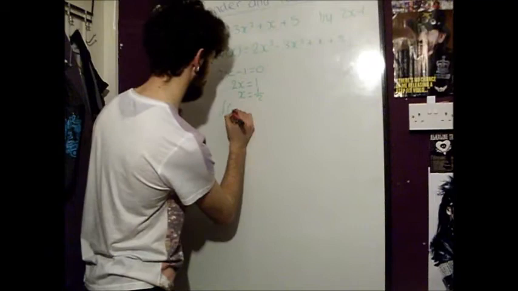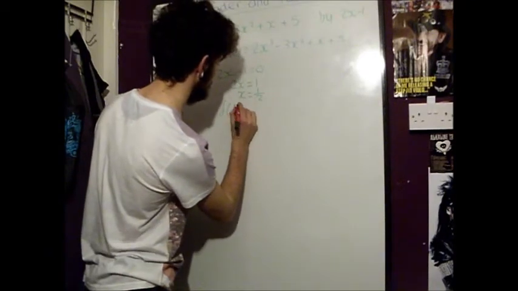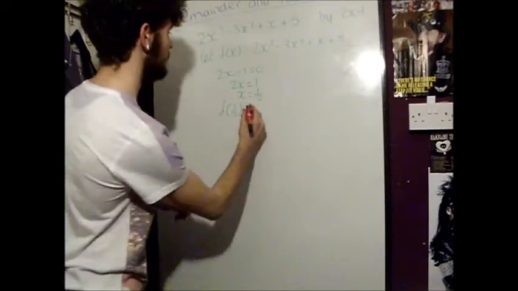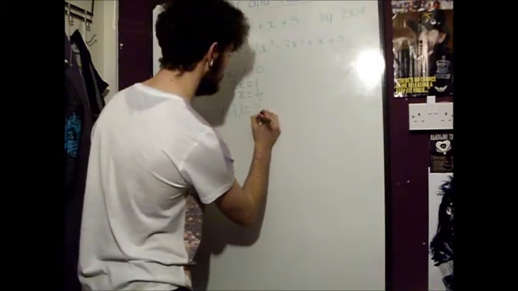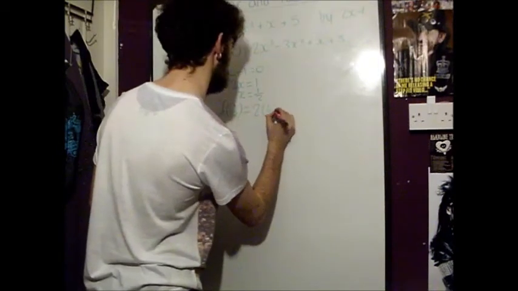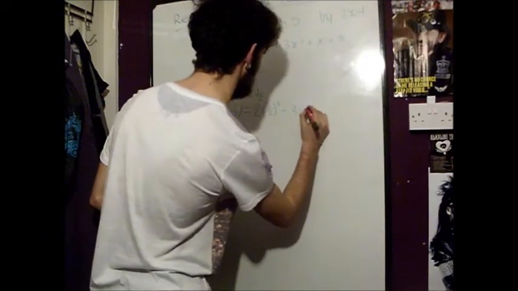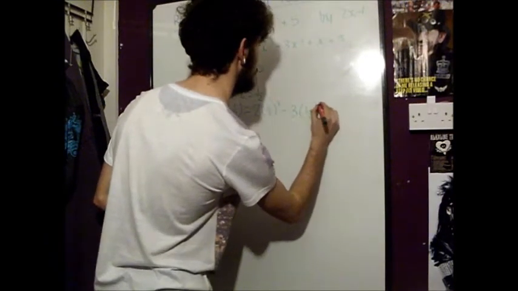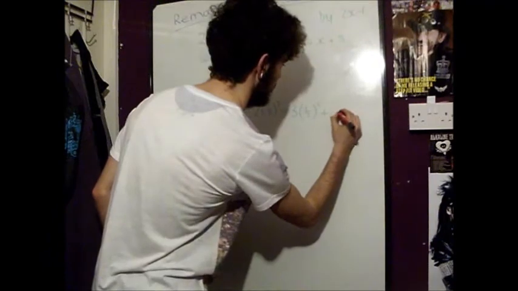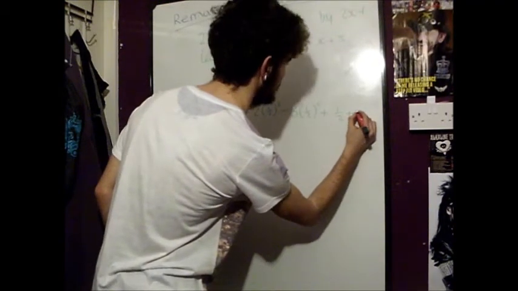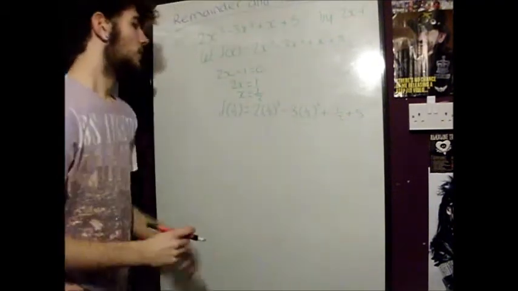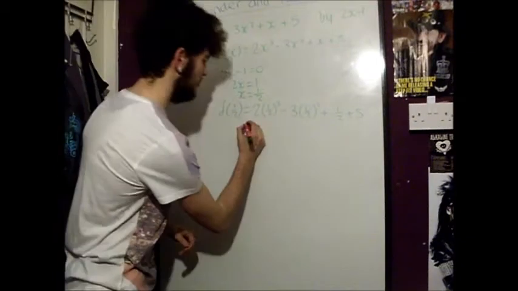So f of a half equals 2 times a half to the power of 3, minus 3 times a half squared, plus a half, plus 5. Now I'm going to simplify this.